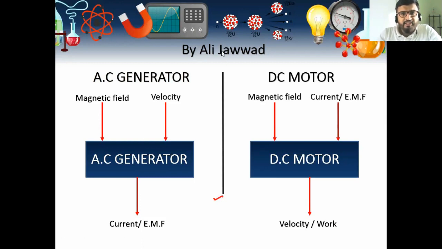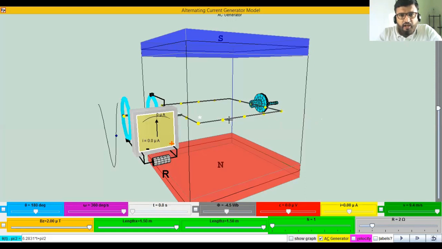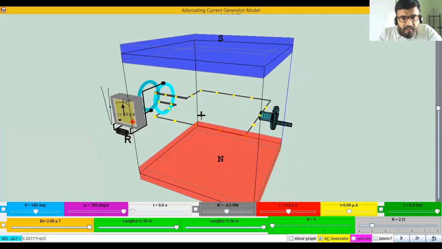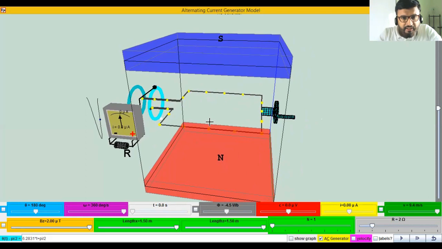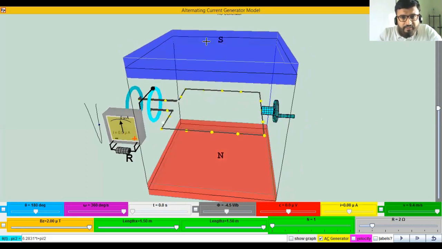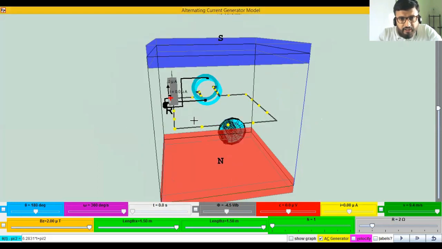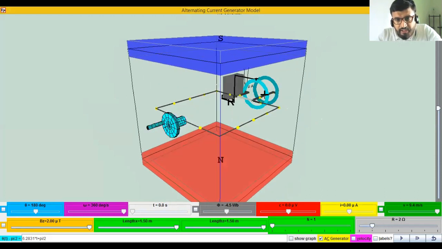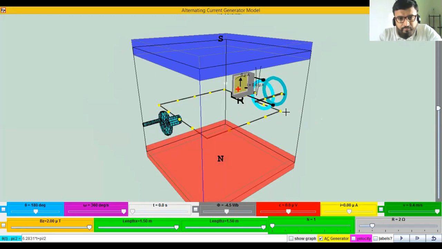So how does an AC generator work? Let us find out. In an AC generator, a coil is placed in a magnetic field, and over here as you can see how the split rings are connected. One side of the wire is connected with the first split ring while the second side is not connected with the first ring, it is just passing the first ring and getting in contact with the second ring.